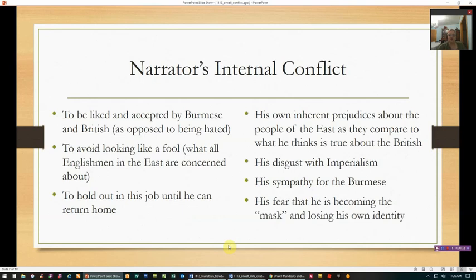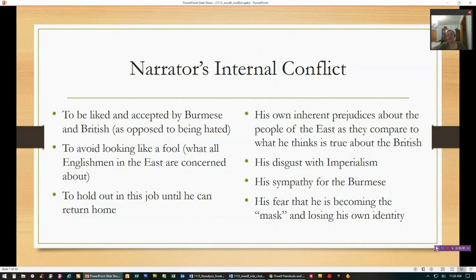So we're going to look at first his internal conflict. You're going to see that one of the things that he wants is acceptance. He wants to be liked by his own people and the Burmese. He talks about that quite a lot. One of the first things he tells us is that he was never more hated than he was in Moulmein, right? He wants to avoid looking like a fool. That's the last thing he tells us, though he does indicate that other times. But the last thing he says is, I didn't want to look like a fool, right?